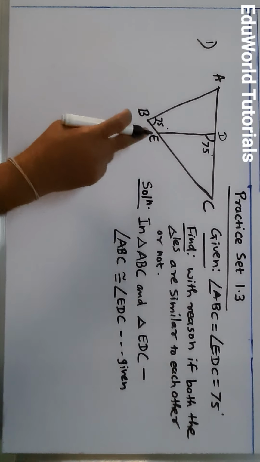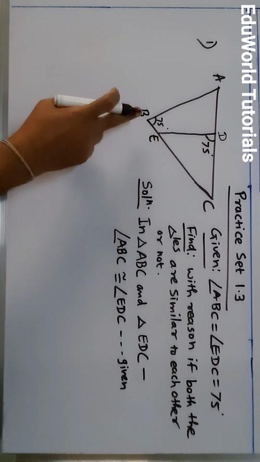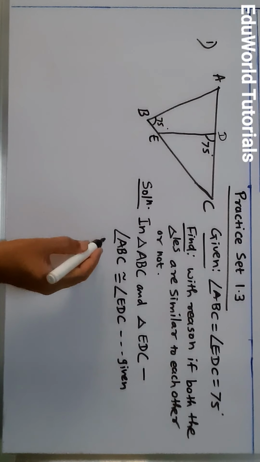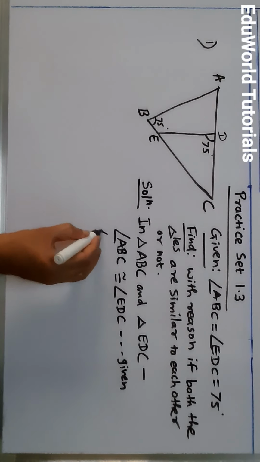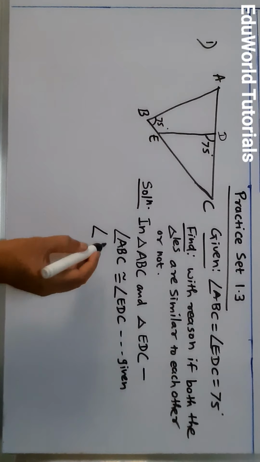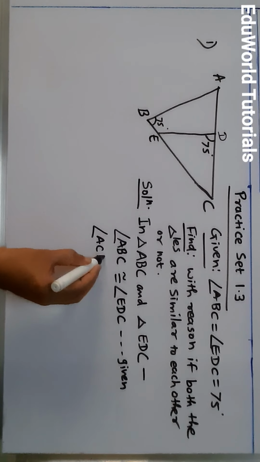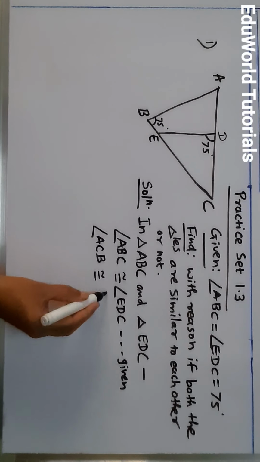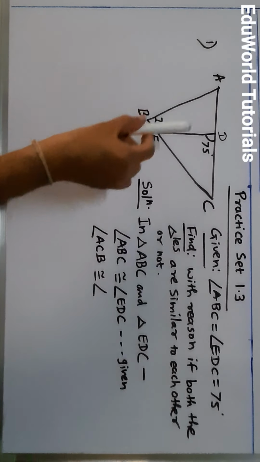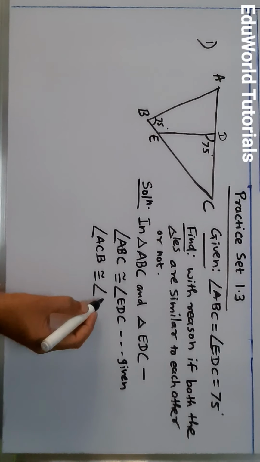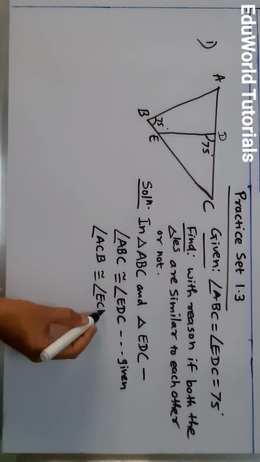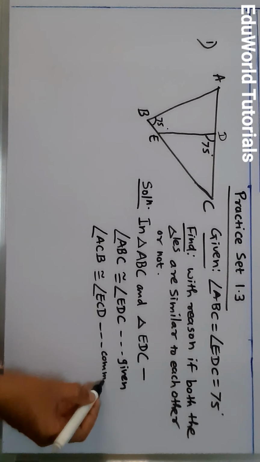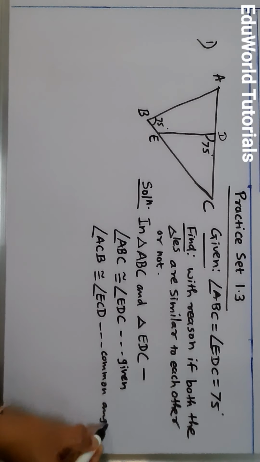Angle C. We can write angle ACB congruent to angle ECD. Or we can use a single letter, but let us prefer to write the three-lettered name of the angle: angle ACB congruent to angle ECD. Since I started with A, I will have to start with E here. Reason: common angle.